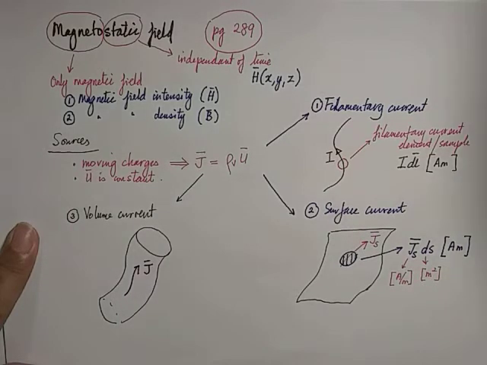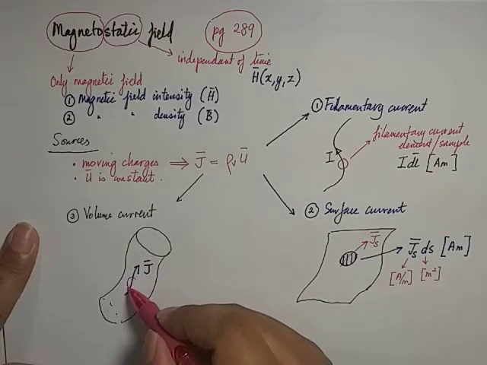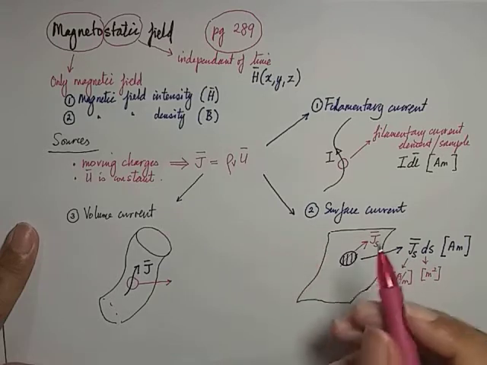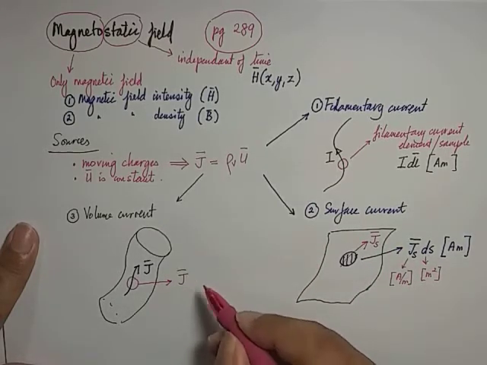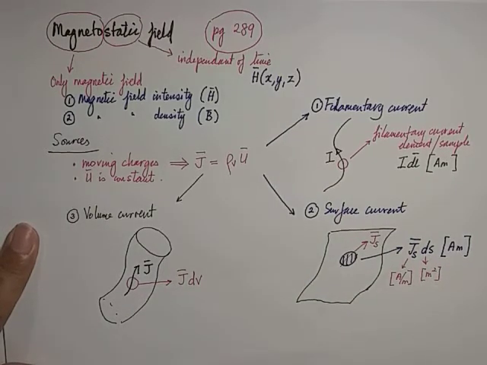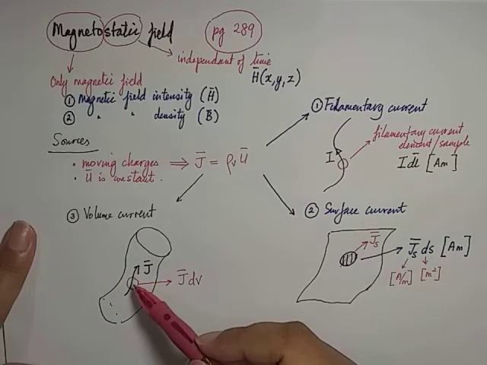How do we take a sample? We call the sample a volume current element. So the mathematics should be vector J dV, because our sample now should be in terms of a box, three-dimensional.